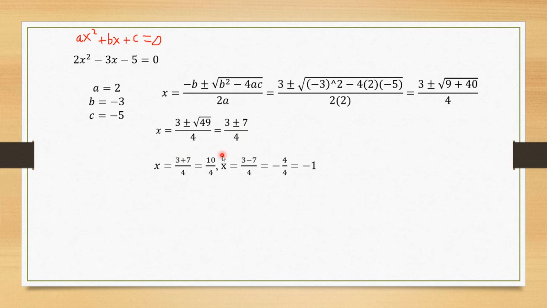That's over here. The other solution is 3 minus 7 over 4, which is also here. From here, the solution is 10 over 4, whereas here, it's -4 over 4, which is -1.